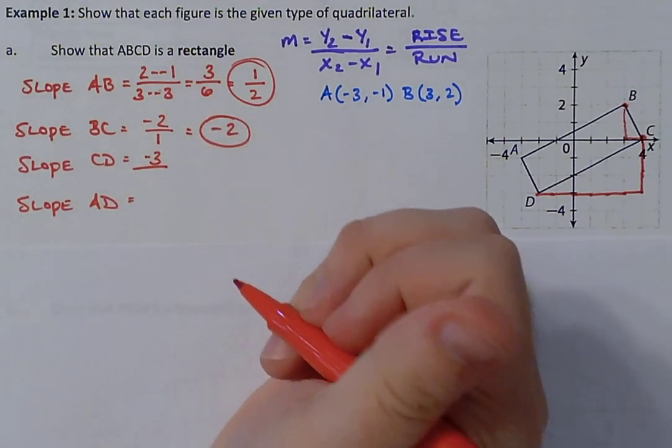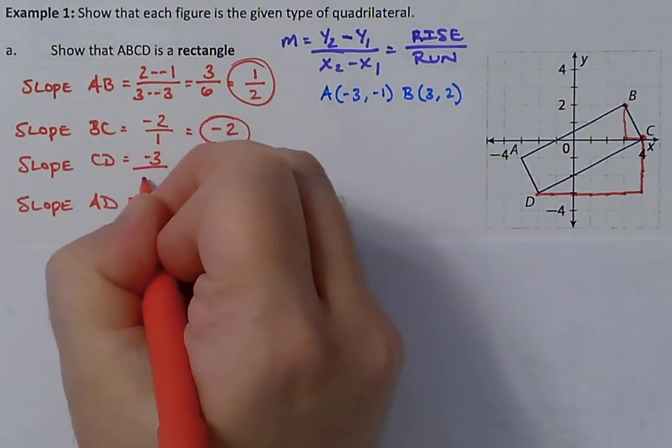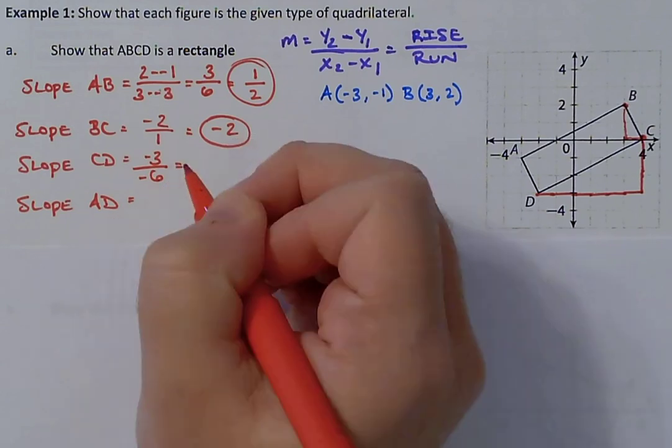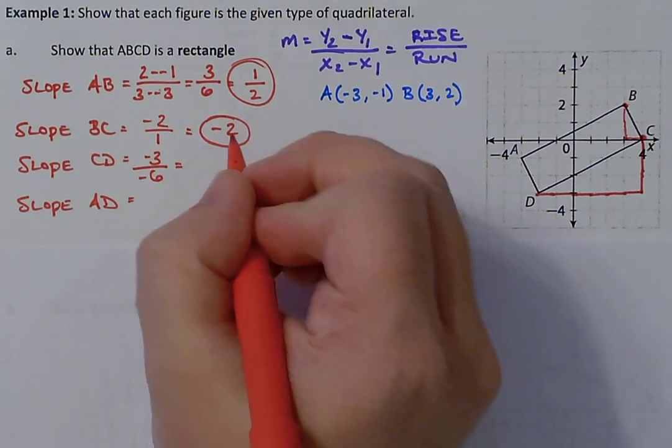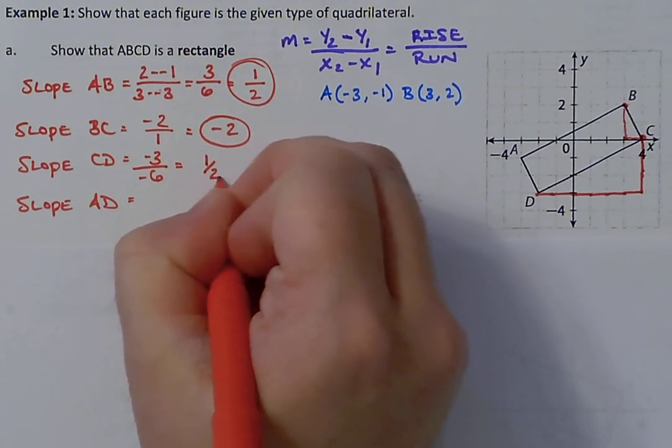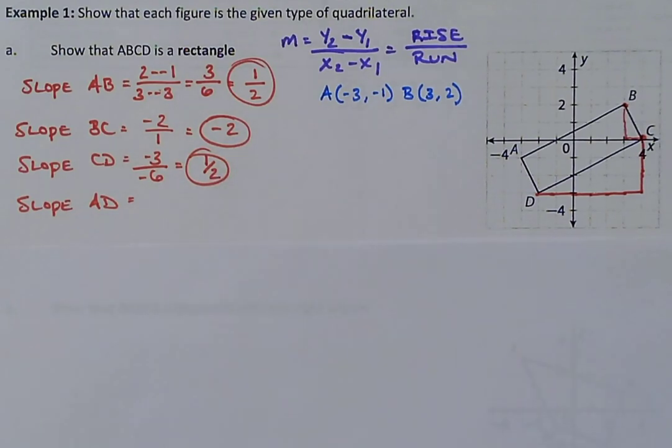And we went to the left 6, so that's -6. So we now have -3 over -6. 3 over 6 is going to simplify to 1/2, and negative over negative is positive. So this ends up being a positive 1/2. All right, so now we have gone through and found our slope for CD.